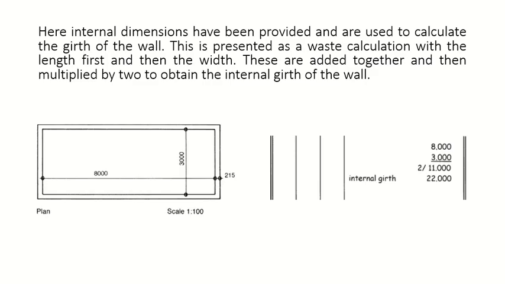This is only half, so we multiply by 2. So this is how you calculate the internal girth. Very easy, right? If the figure is always like this.